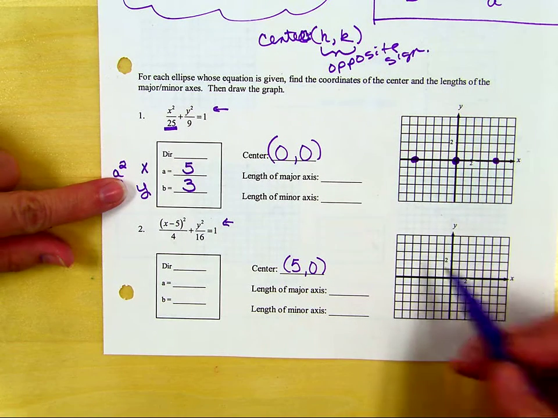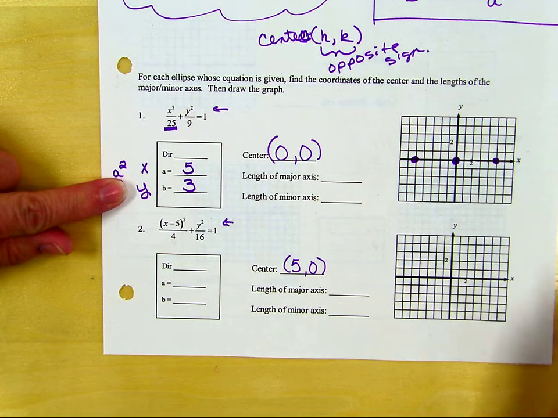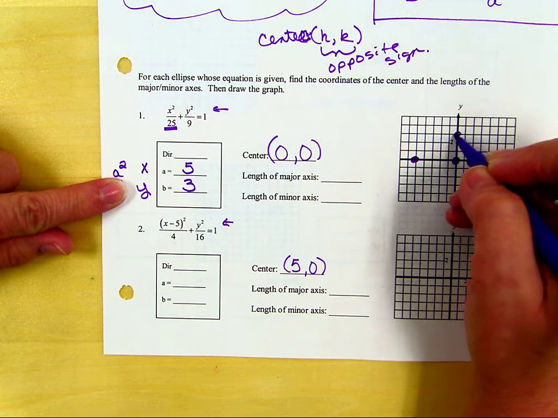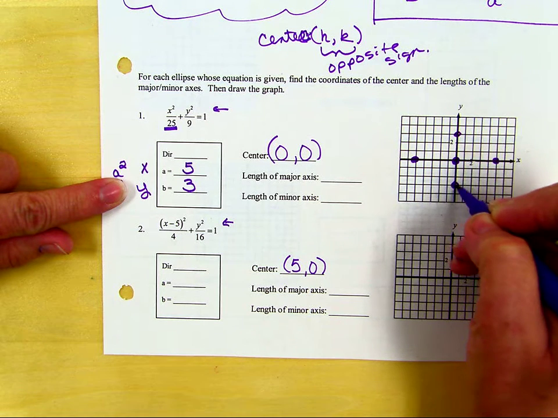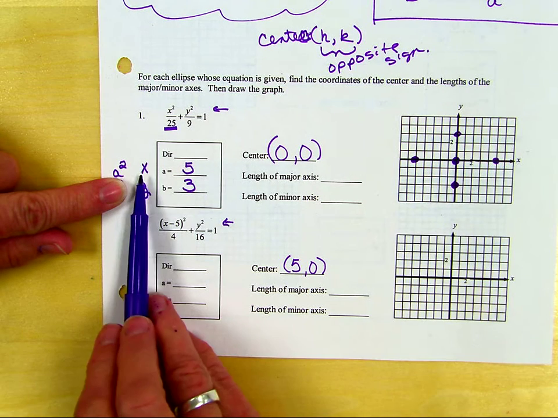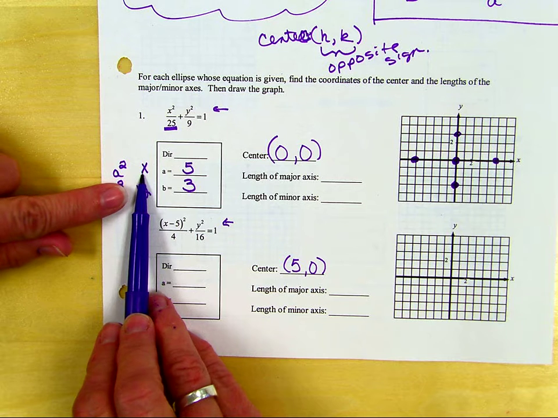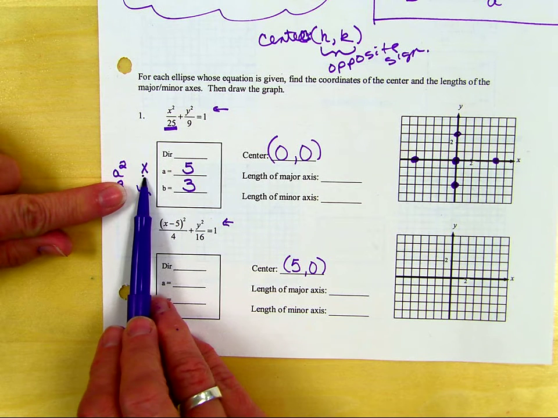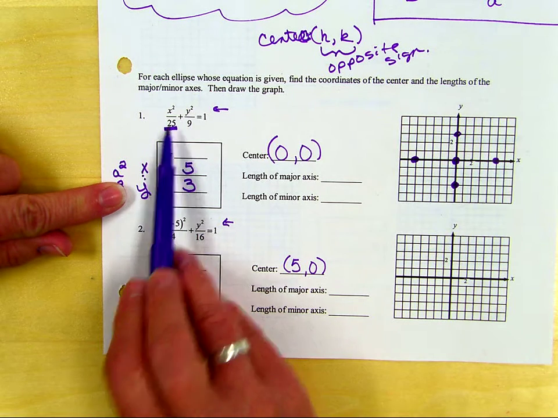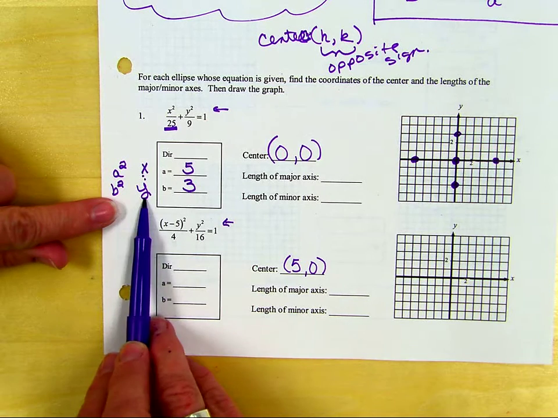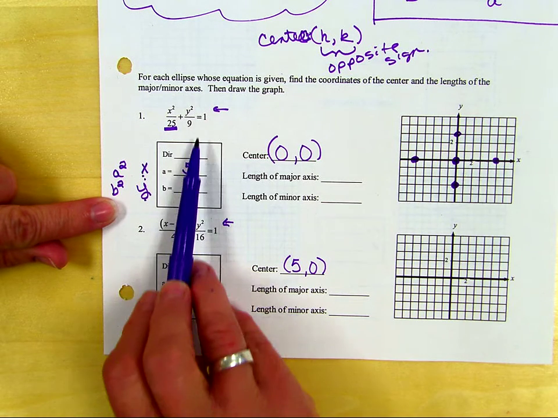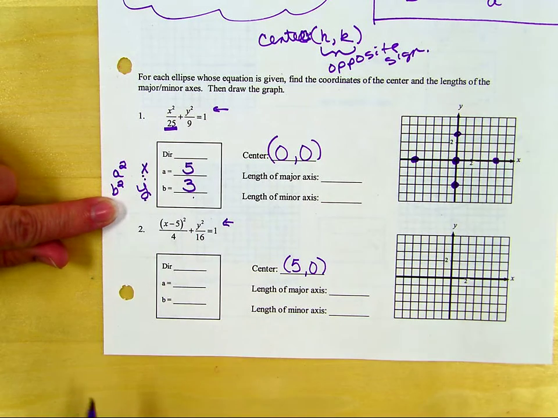But in the y direction, I have a radius of 3. 3 up, 3 down. I put the x here because the 5 came from the a squared, which was under the x. I put the y here because the 3 came from the b squared, which was under the y.